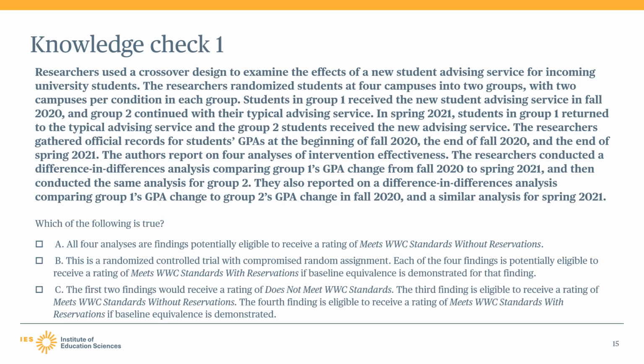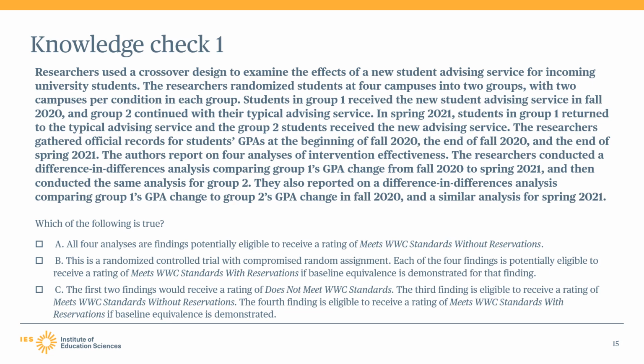Time for your first knowledge check in this module. Researchers used a crossover design to examine the effects of a new student advising service for incoming university students. The researchers randomized students at 4 campuses into 2 groups, with 2 campuses per condition in each group.